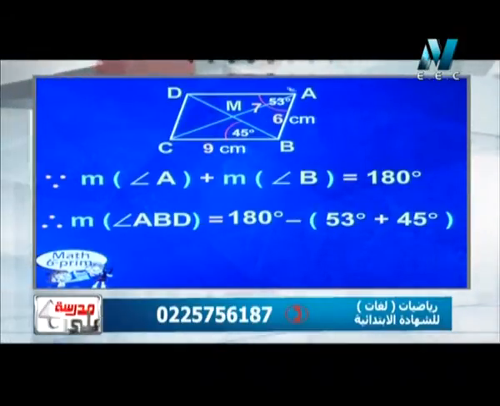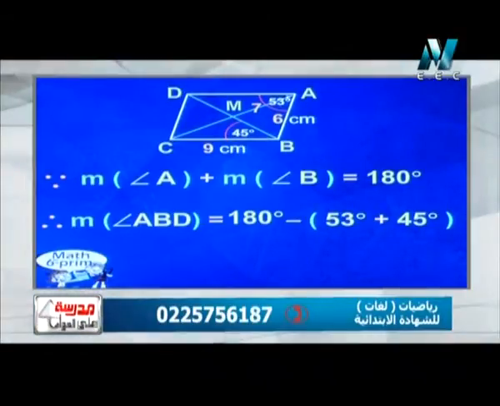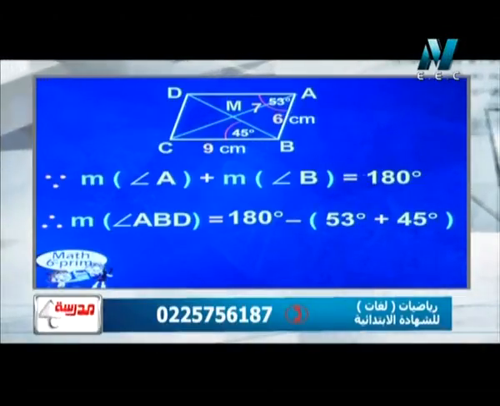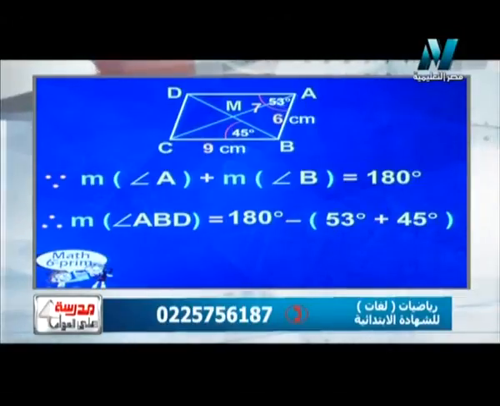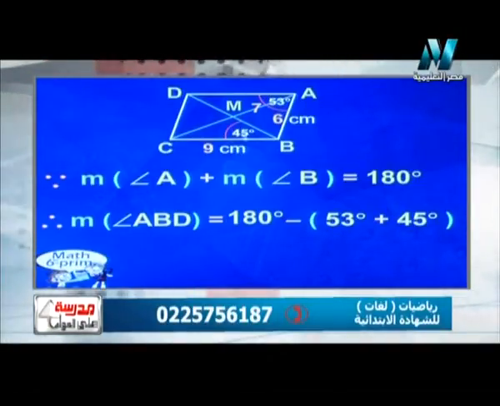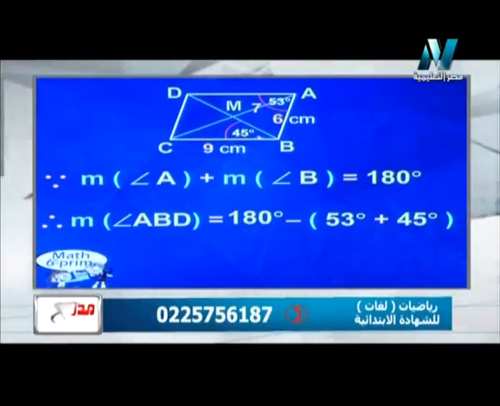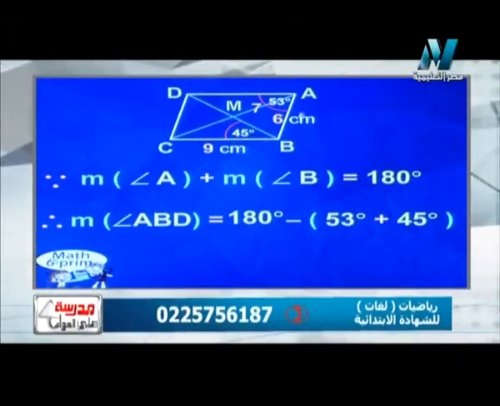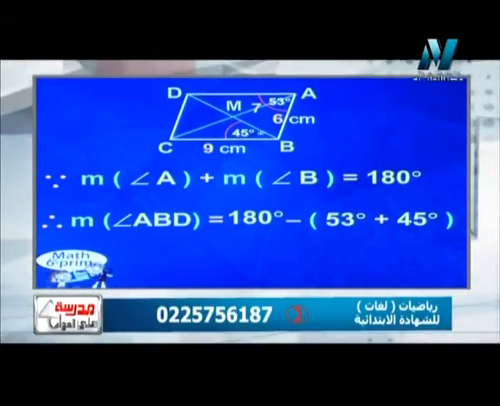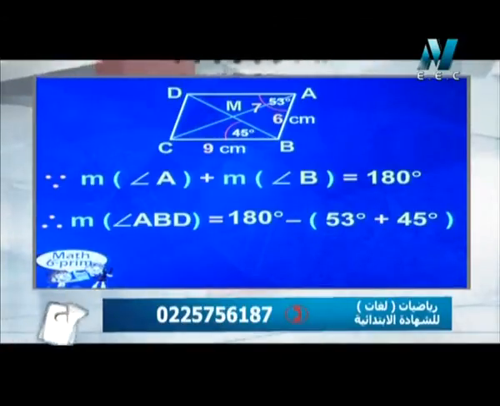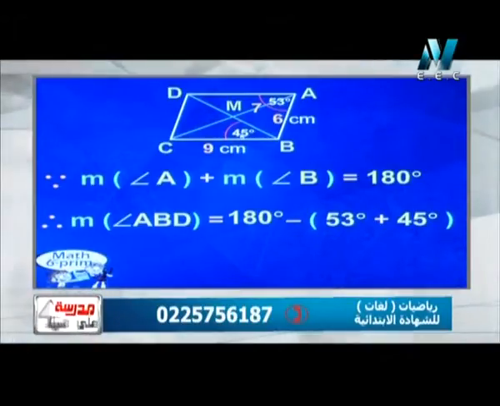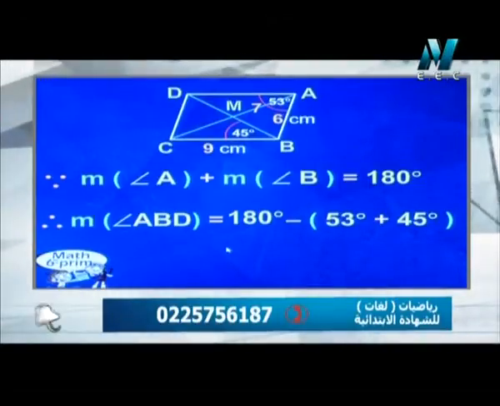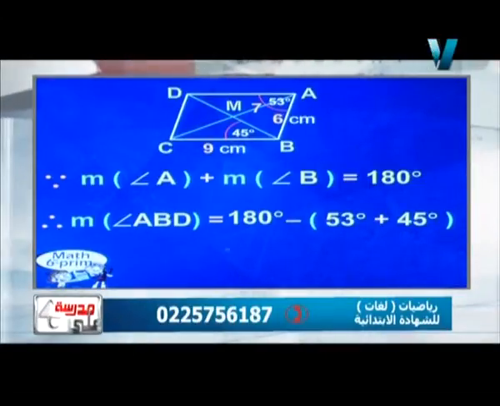We have the measure of the angle A and a part of the angle B. Angle ABC is divided into two angles, and one of them is 45 degrees, so it's easy to get the measure of the missing part.